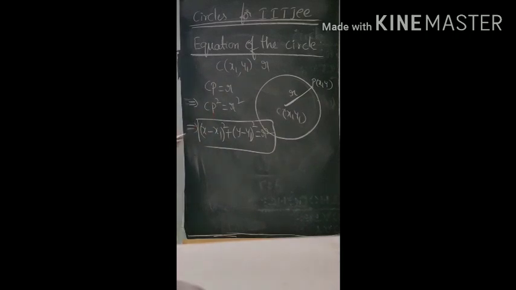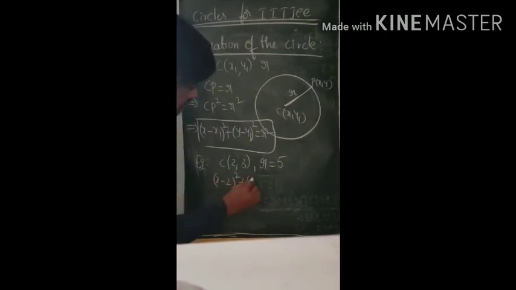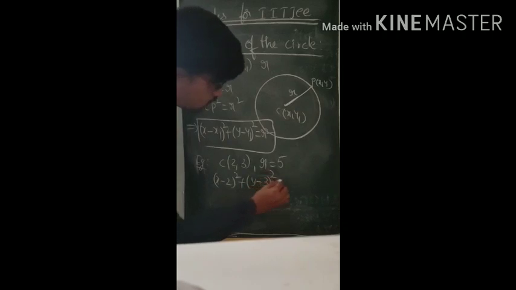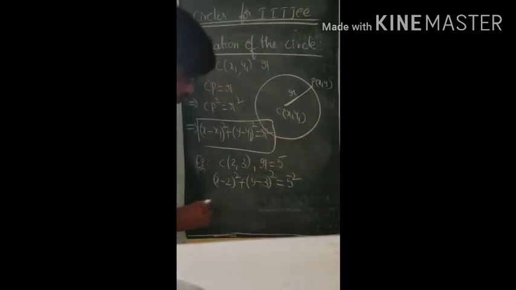Let us take a direct application of this equation. Suppose the center is (2, 3) and the radius is 5. Then what is the equation of the circle? In place of (x1, y1) we use (2, 3). That is (x minus 2) whole square plus (y minus 3) whole square equals 5 square.